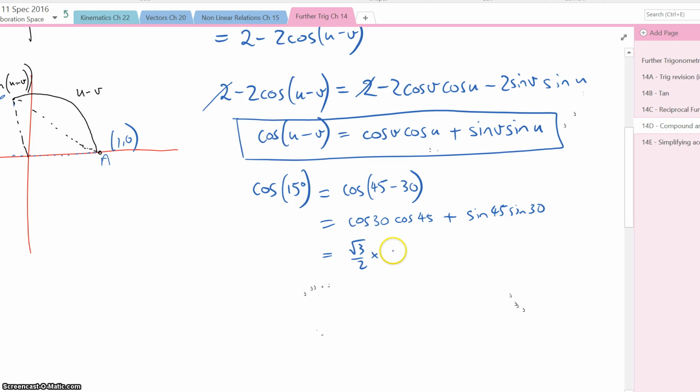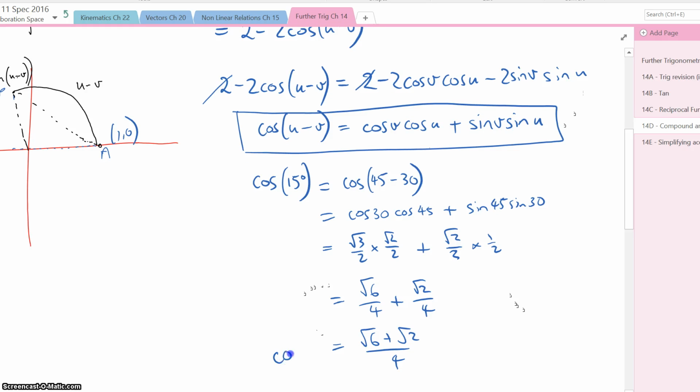Cos of 45 is root 2 on 2. Plus sin of 45 is root 2 on 2. And sin of 30 is a half. So that ends up being root 6 on 4 plus root 2 on 4. So root 6 plus root 2 on 4. That's what cos of 15 degrees is.